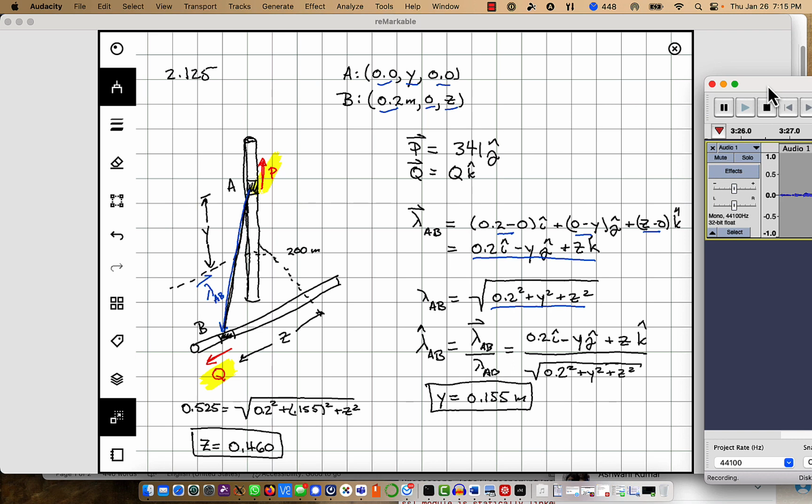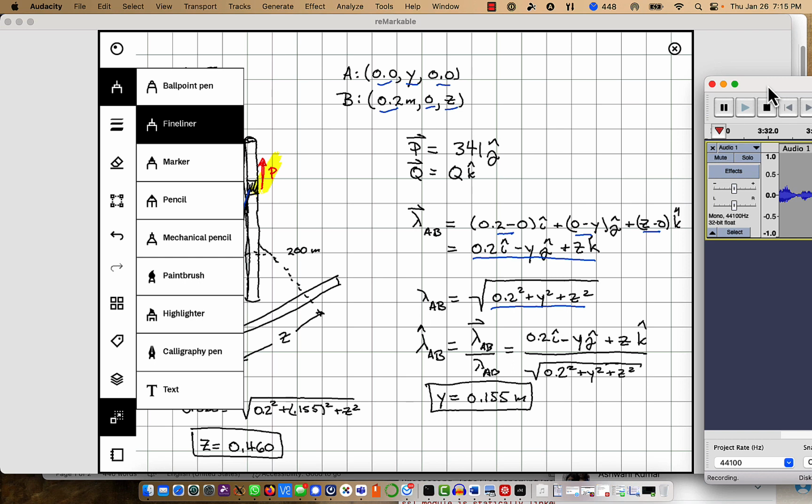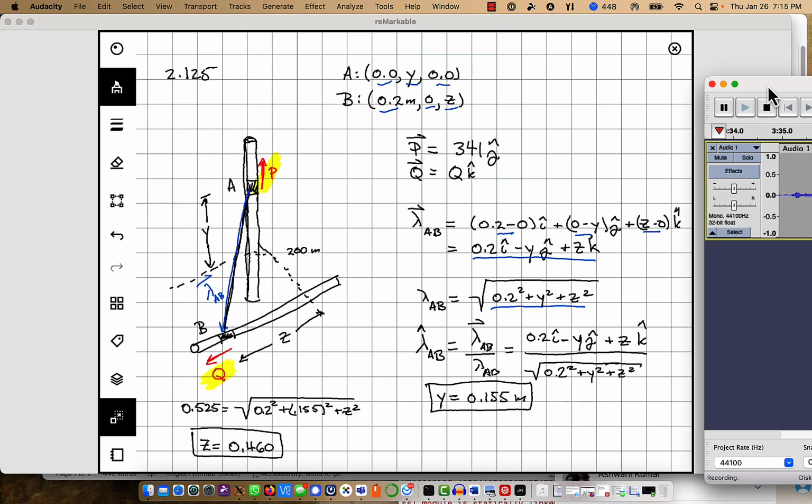And so the unit vector will be very nicely, let's pick our highlighter again, that over that, which is this nice expression. Now, we're given that y is 0.155 meters, and we're also told the length of the wire is 0.525 meters.